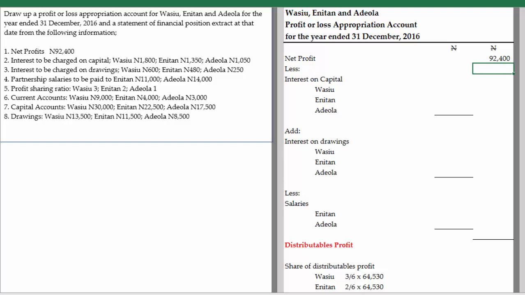The first item is interest on capital. Remember, we said in order to compensate a partner who has contributed an extra investment into the partnership and who equally puts in the same level of work as other partners should get an interest on capital.